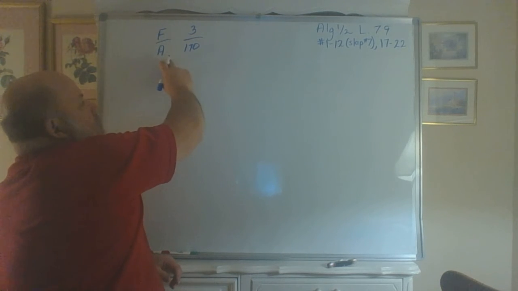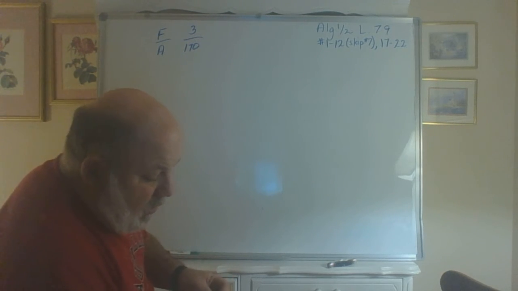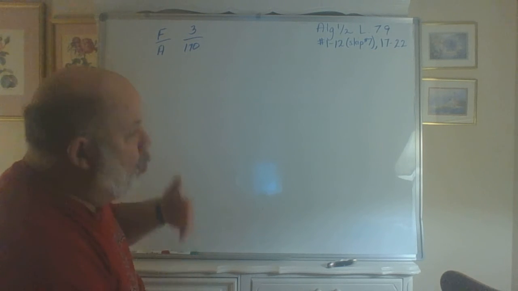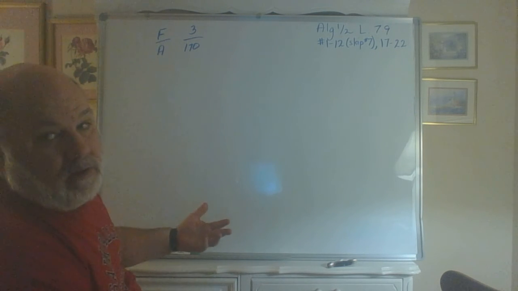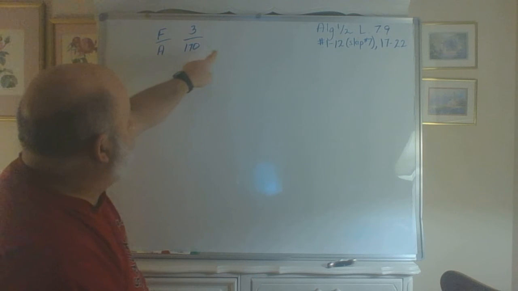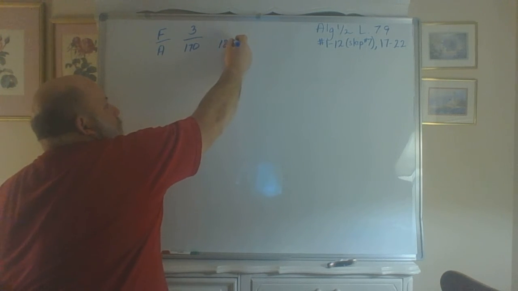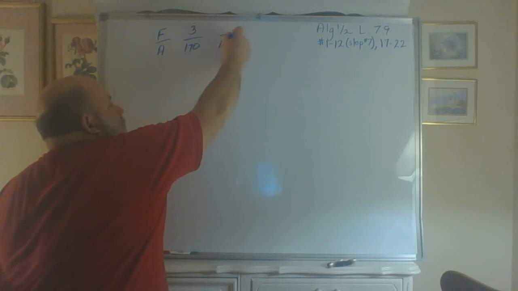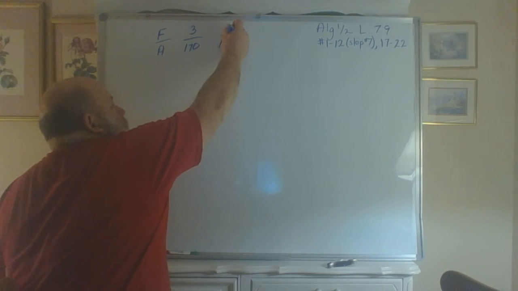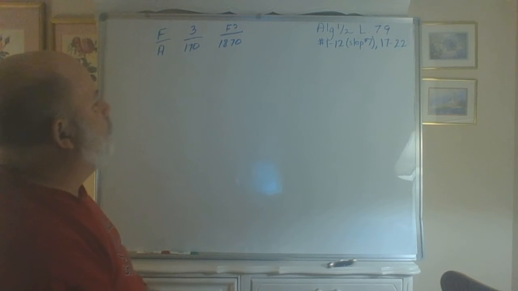170 acres. The question is, Farmer Brown wants to fertilize 1,870 acres. Now 1,870 is going to go right here beside this 170. And it says, how much fertilizer will he need?